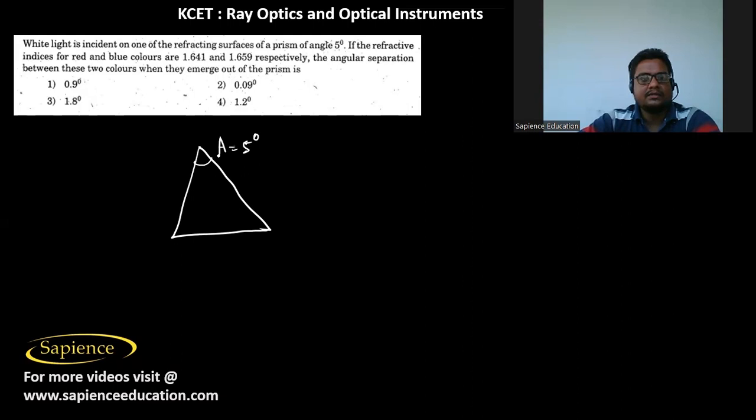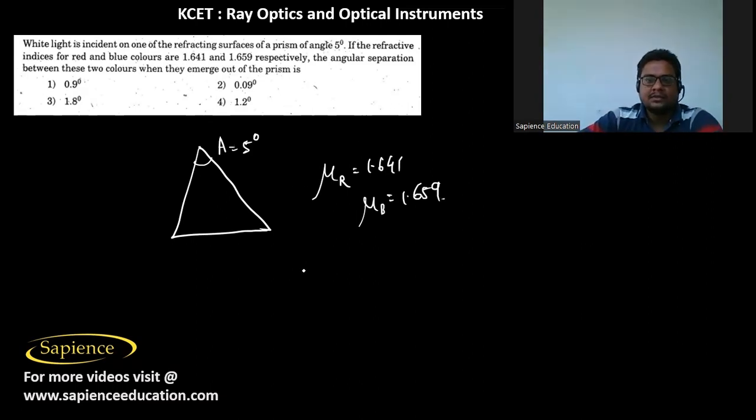If the refractive indices for red is 1.641 and for blue is 1.659 respectively, then the angular separation between these two colors when they emerge out, delta, will be equal to the angle of deviation for blue minus the angle of deviation for red.